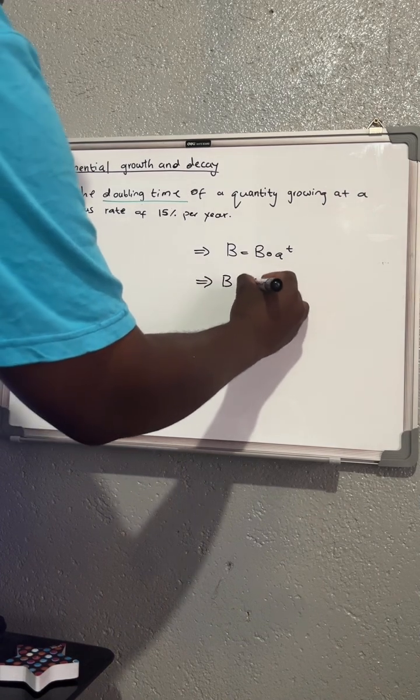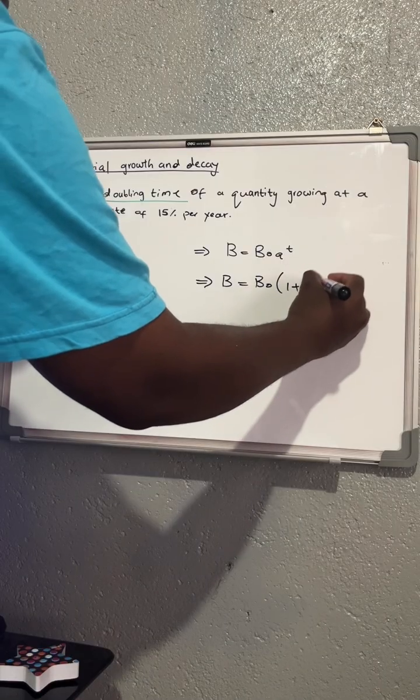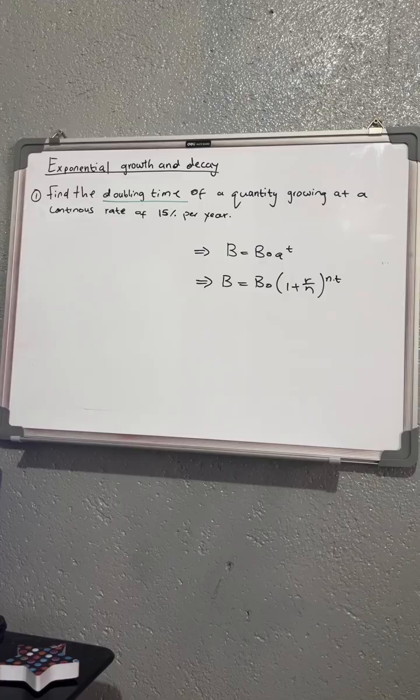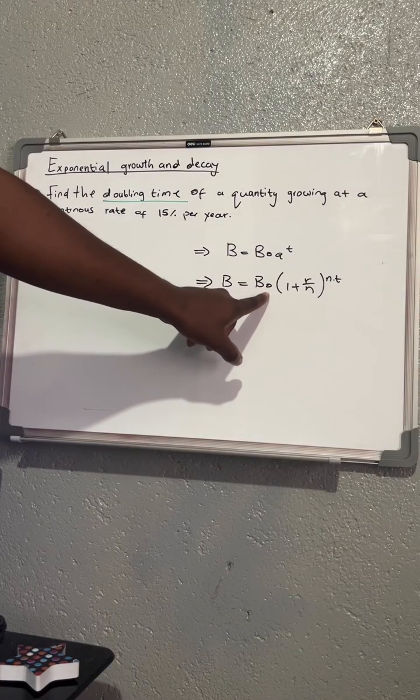You will have your balance, you have your initial, you have your 1, your rate over n, then you have your n multiplied by your t. So this is the initial balance, or the deposit that you're going to deposit initially.